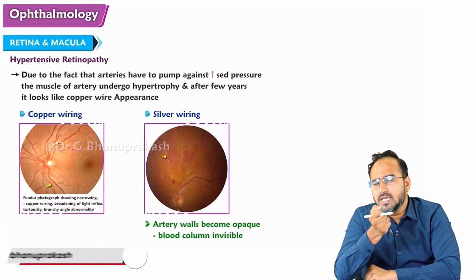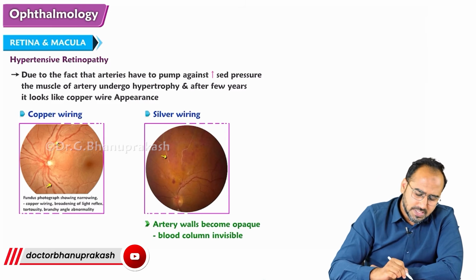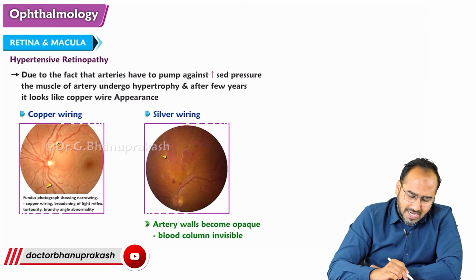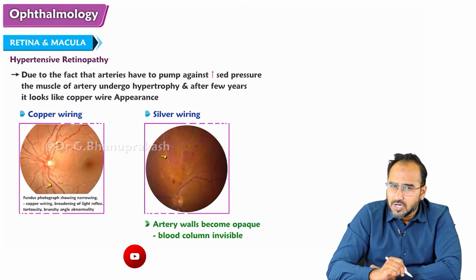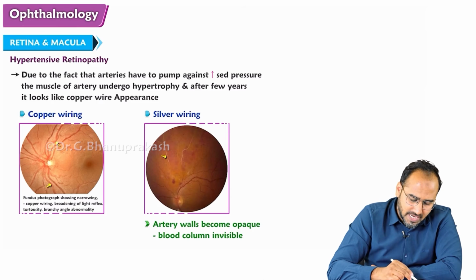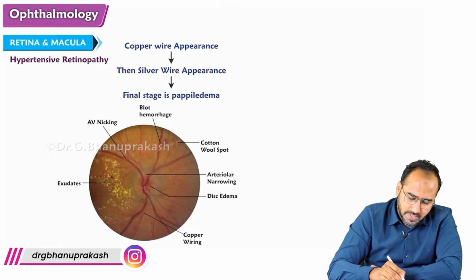Papillary edema is what, guys? Edema of the optic disc. So, if hypertensive retinopathy patients are not treated, in the initial stage they will have copper wiring of the arteries followed by silver wiring, and the final stage is papillary edema, right?